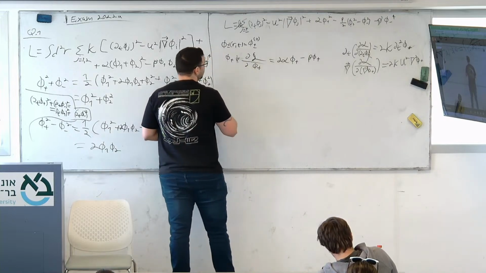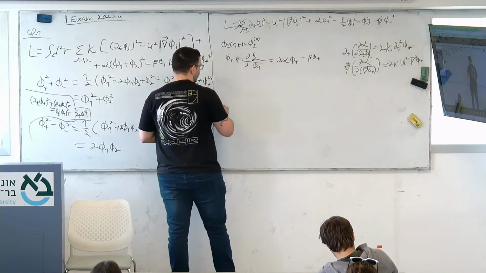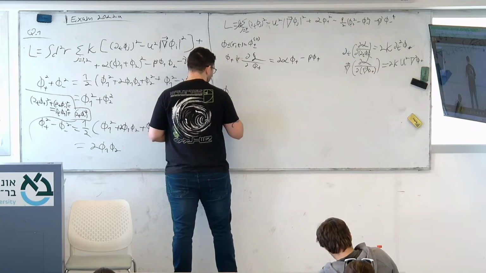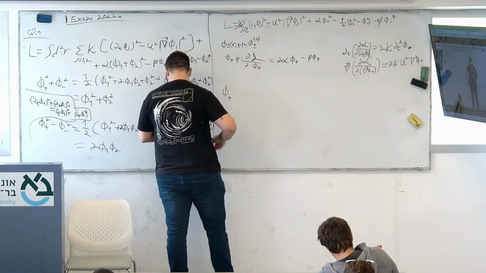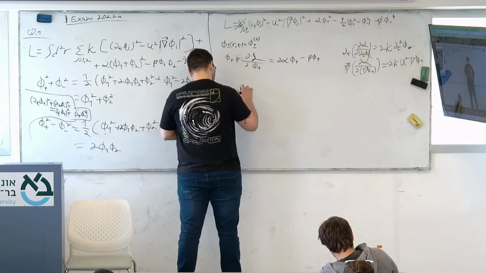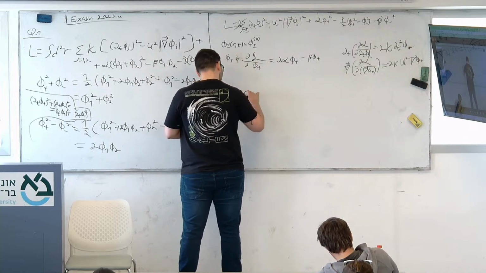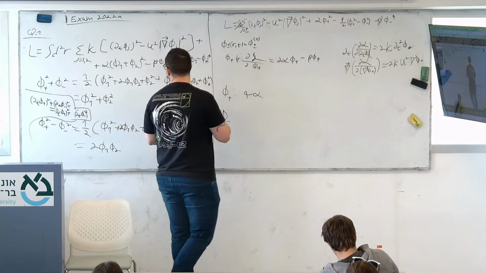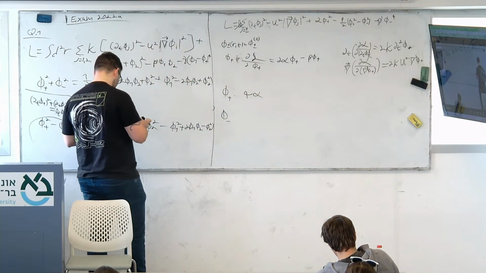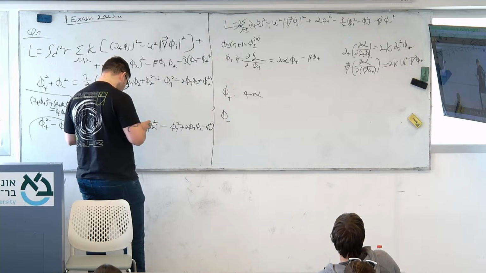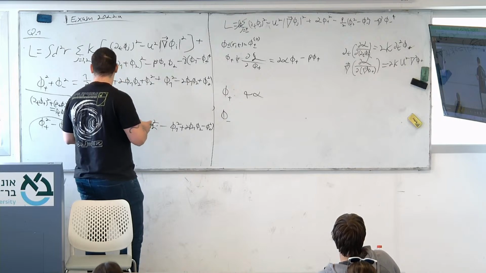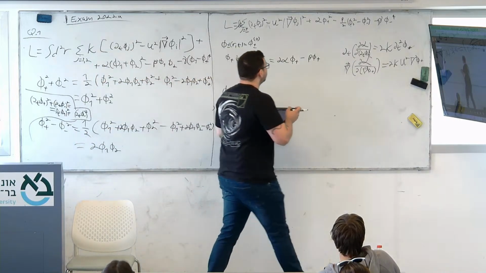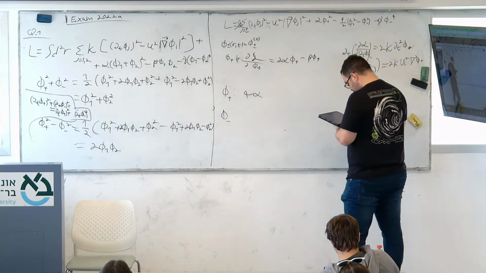So the final result for phi plus and phi minus, I'm not going to write the full development of phi minus. For phi plus, it's 4. I missed a 2. Where did I write 4? I missed a 2 here. One second.